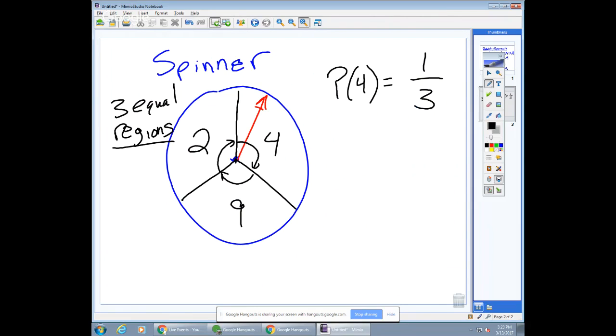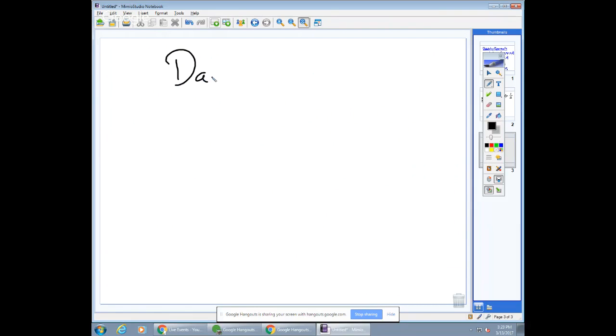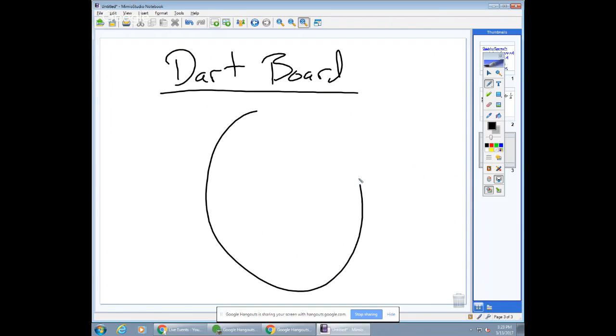Similar example to this would be a dartboard, where I can't really count, I have to look at areas instead. So suppose we have a circular dartboard. Let's say the center's right there. And let's suppose there's this little center area in the middle.